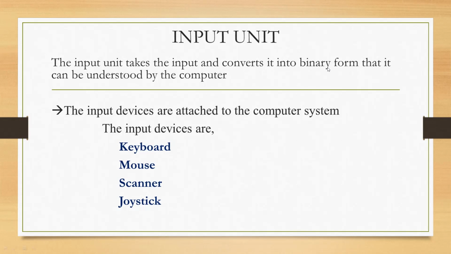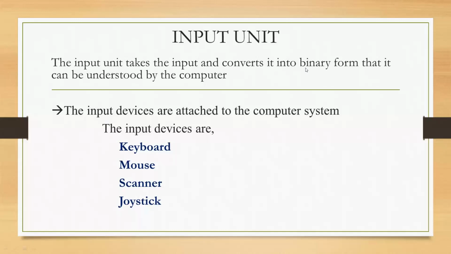But the computer is not able to understand that language. It knows only binary level language. So the input unit takes this input and converts it into binary form, computer understandable language.